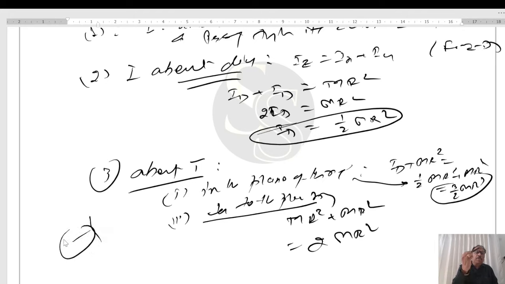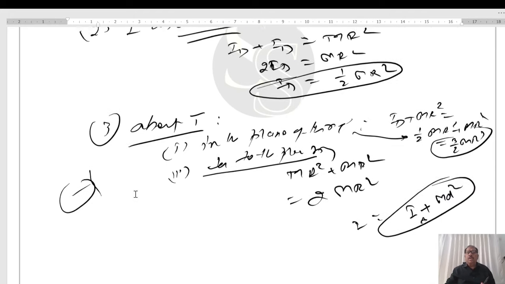In the plane of the ring and perpendicular cases, the parallel axis theorem is I plus md square, where d is the distance between the axes. This is a parallel axis theorem, right?